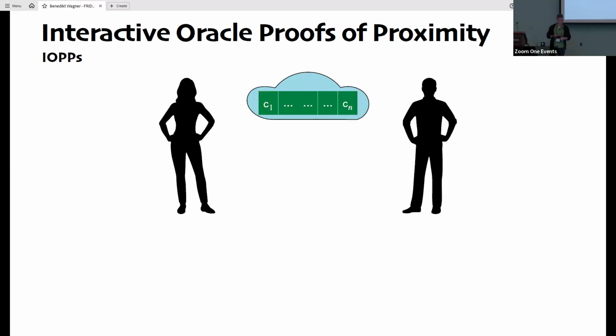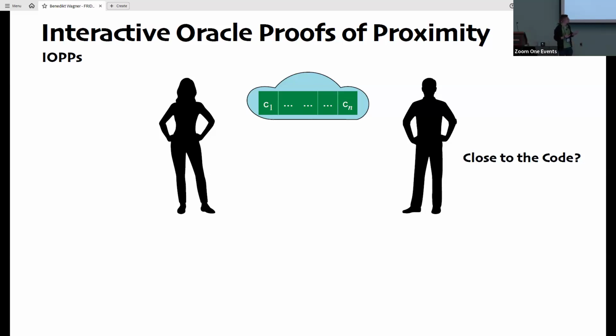What does that mean? Well, we have Alice and Bob, and they both have access to some code word that is contained in some oracle. And now Bob wants to be convinced that this string is really in the code, or to be more precise, Bob wants to be convinced that this string is close to the code.